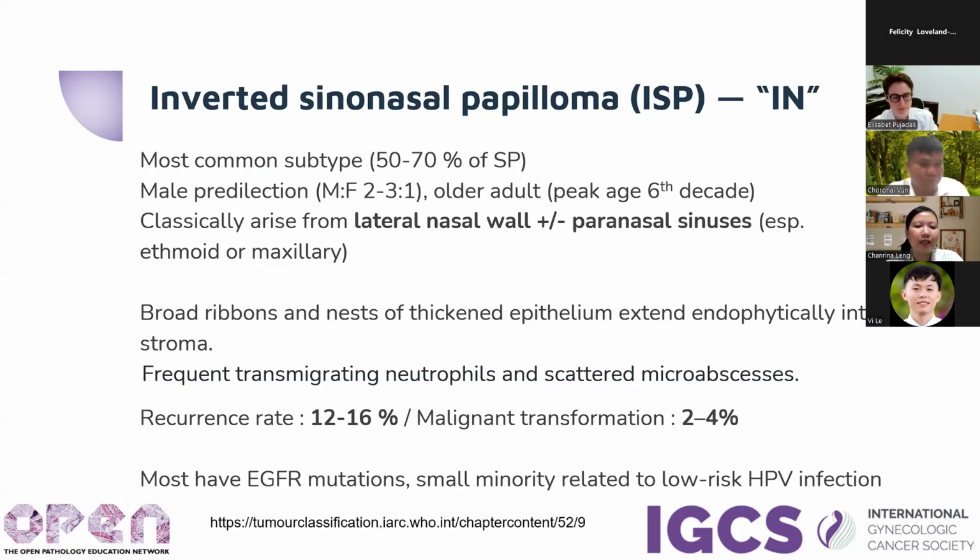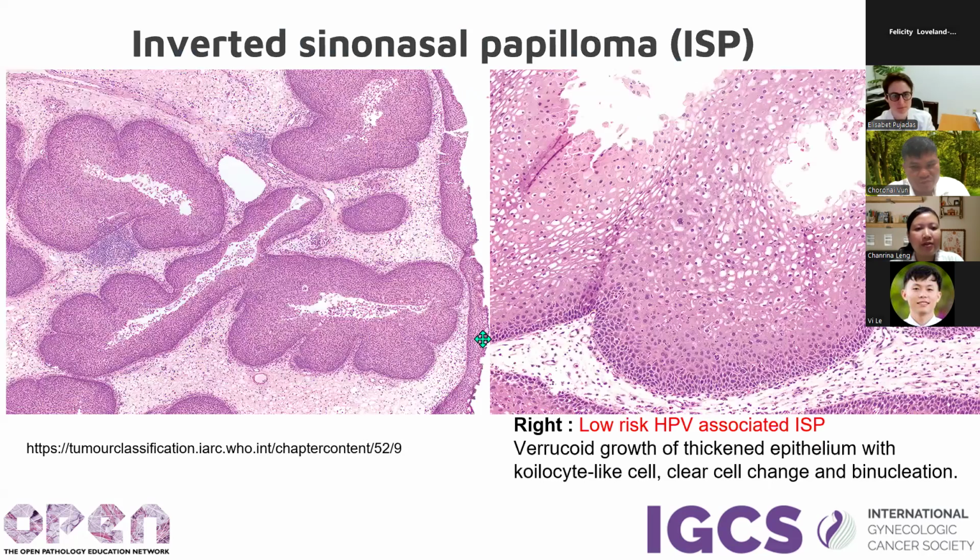The recurrence rate for inverted papilloma is around 12 to 16%, and the malignant transformation is around 2 to 4%. Most inverted papillomas have an EGFR mutation, but a small minority are associated with low risk HPV infection. Here is the microscopic picture of the inverted type.